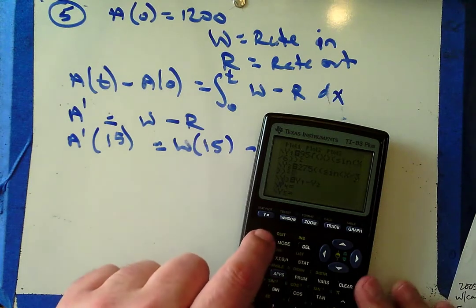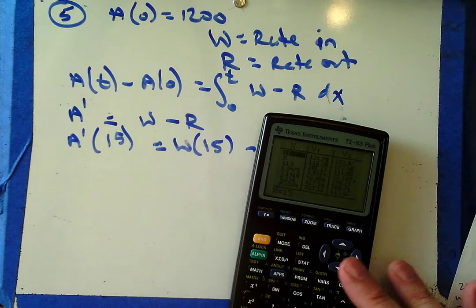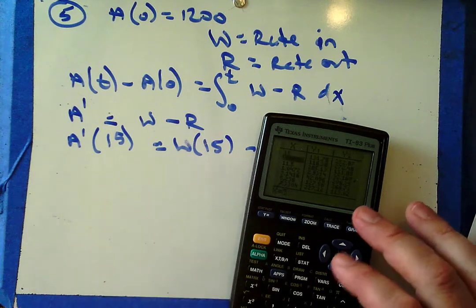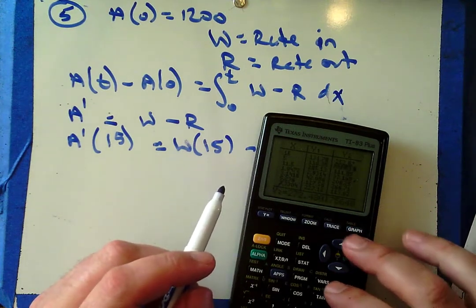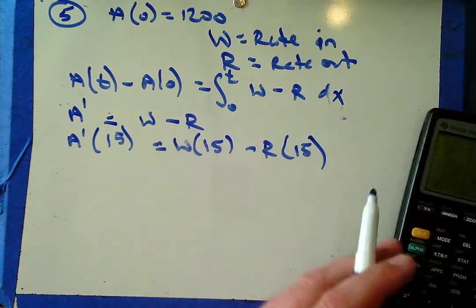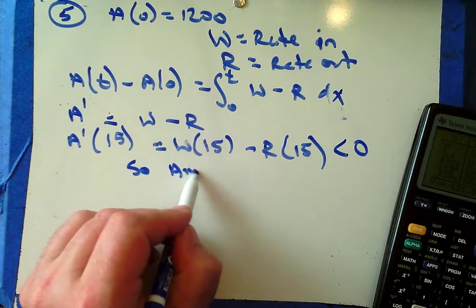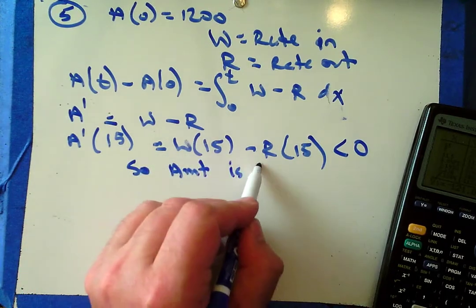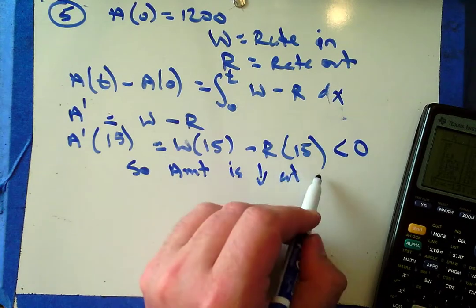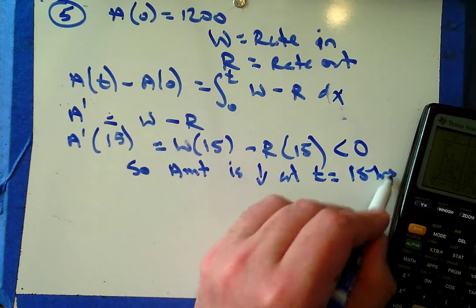Okay, so I don't want to integrate here. I just want to go to my table and type in a 15, and I see that y3 is negative. This is less than 0, so the amount is decreasing at time equal to 15 hours.